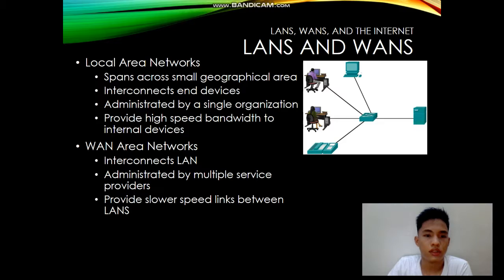Local area networks span a small geographical area, interconnect end devices, are administered by a single organization, and provide high-speed bandwidth to internal devices. Wide area networks interconnect LANs, are administered by multiple service providers, and provide lower speed links between LANs.